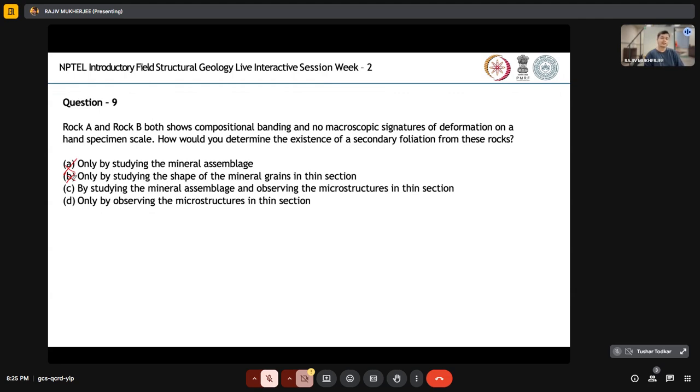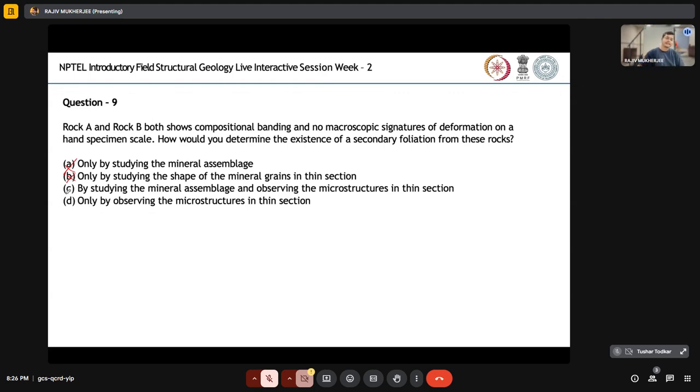It would definitely show some signatures of deformation, like the development of a shape preferred orientation or something like that. Apart from that, you can also say that okay, kyanite is present, and glaucophane is present. That means the assemblage has experienced a very high pressure and temperature of deformation. So it definitely is a metamorphic rock, and therefore there has to be some deformation in it, right?